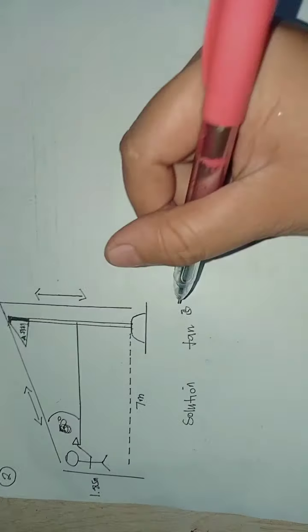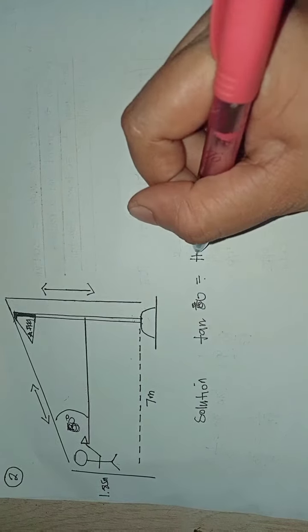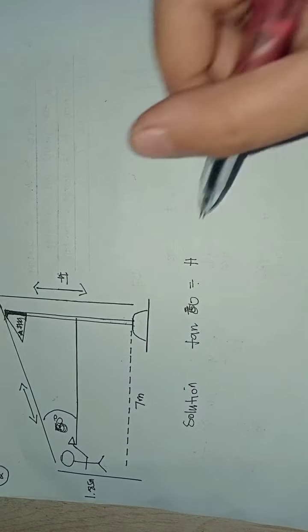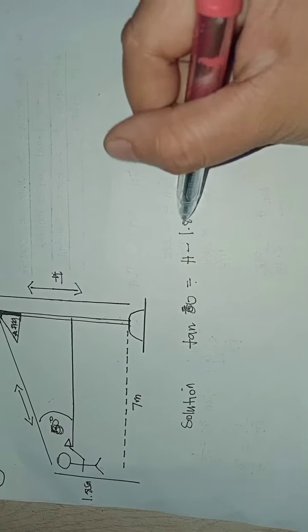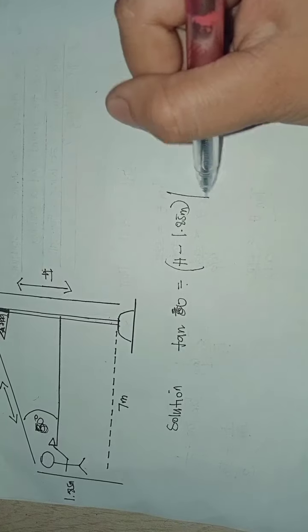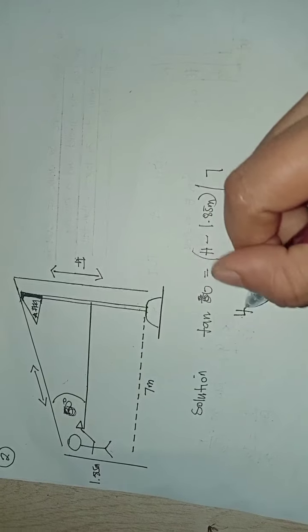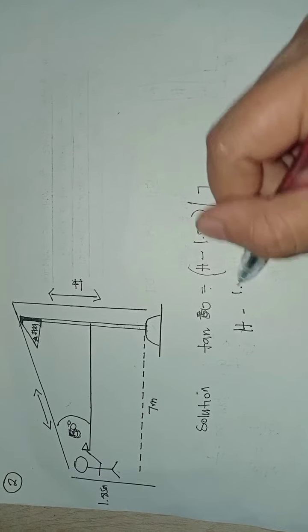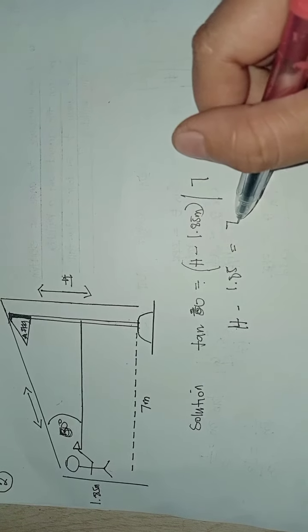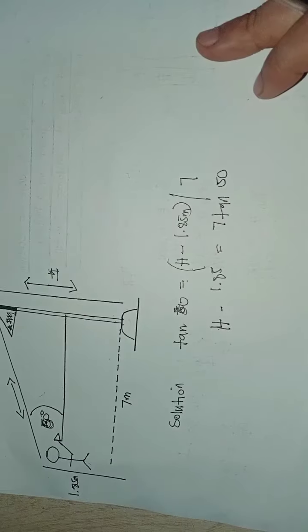So tangent 50 is equal to height, because this is the height of the pole, minus 1.85 meters, the height of the man, divided by 7, the distance. We have now height minus 1.85 is equal to 7 times tangent of 50 degrees.